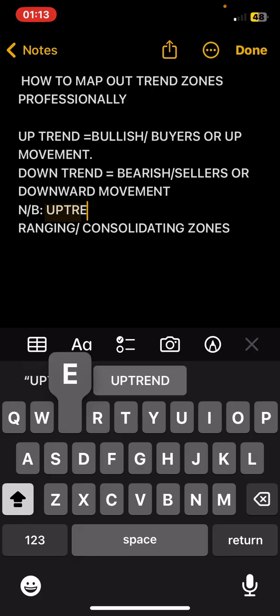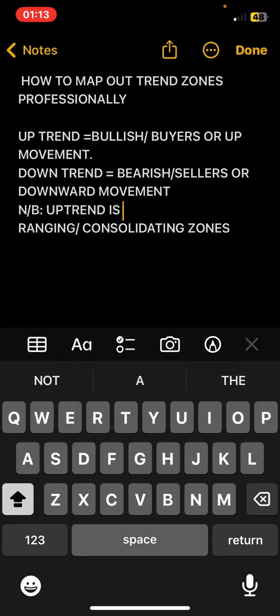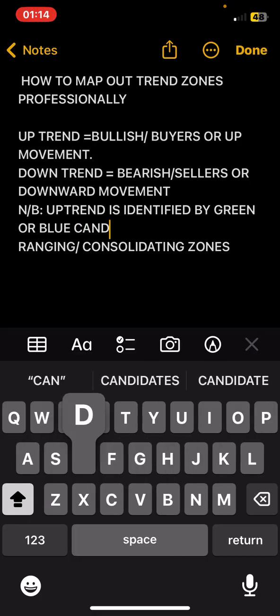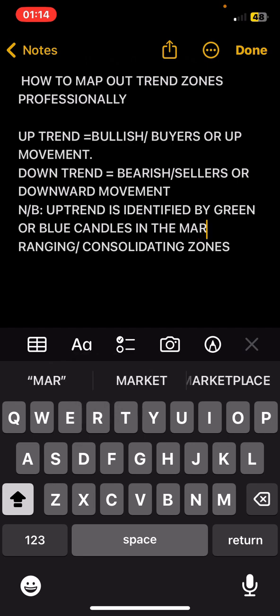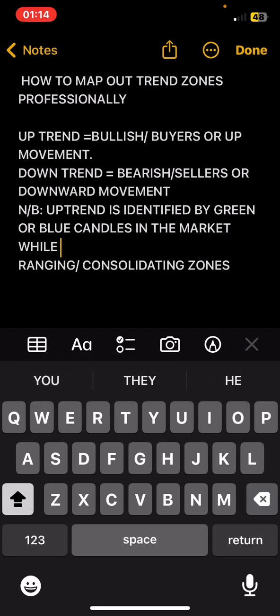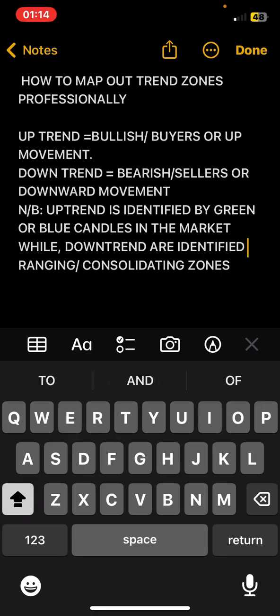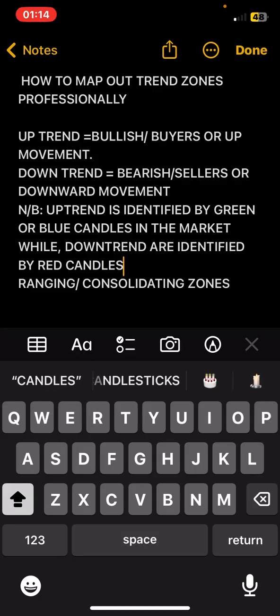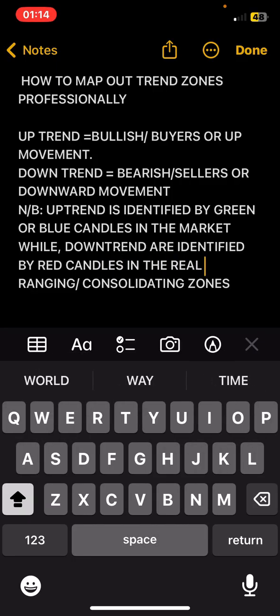An uptrend is identified by green or blue candles in the market, while a downtrend is identified by red candles in the real chart.